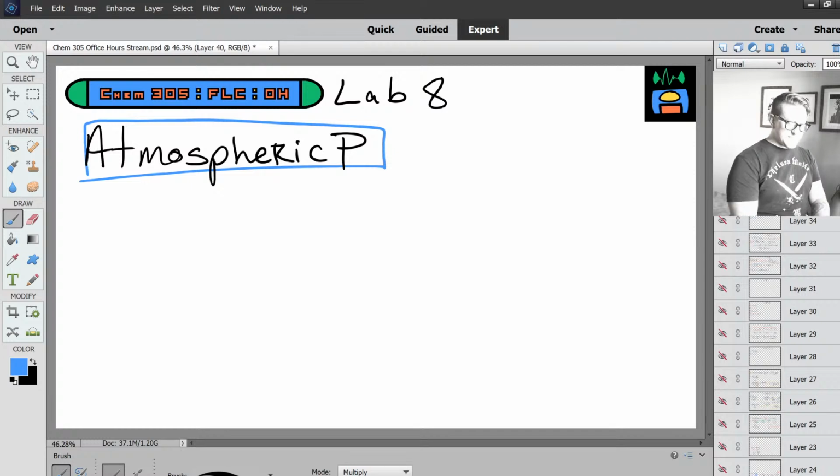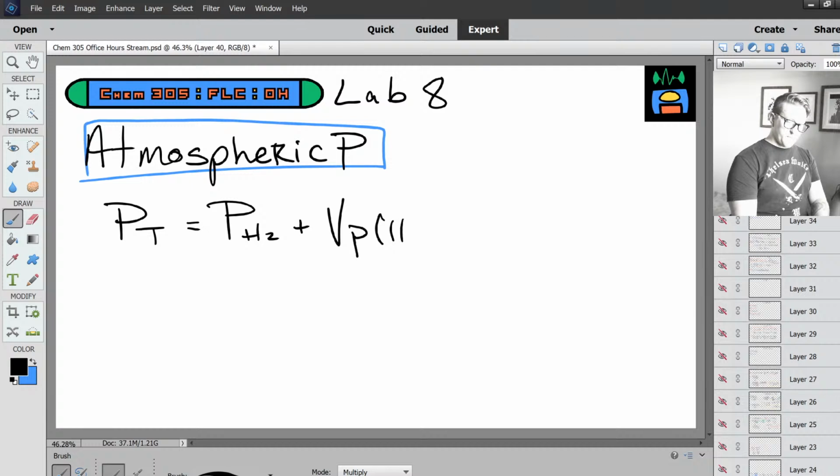All right, and this is the atmospheric pressure, which I'm going to call total pressure, is equal to the partial pressure of hydrogen plus the vapor pressure of water.